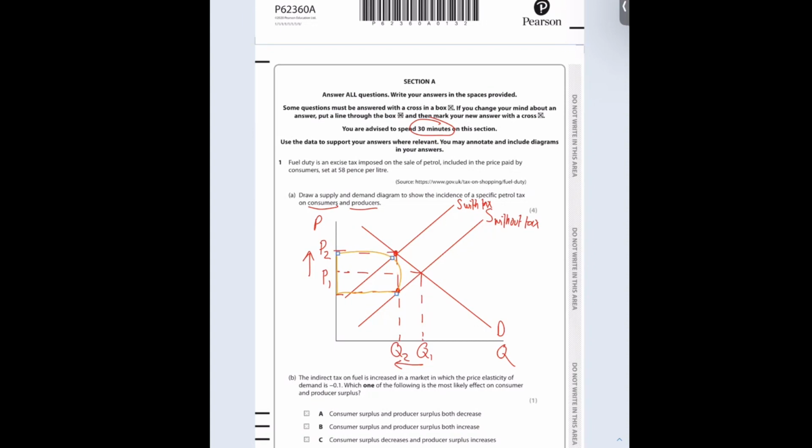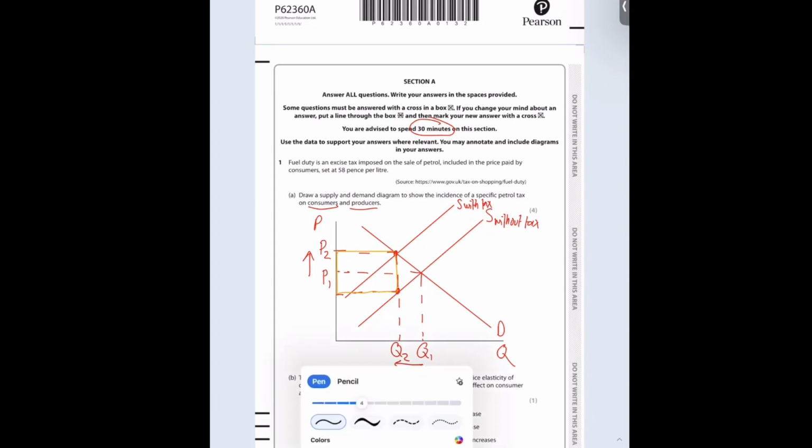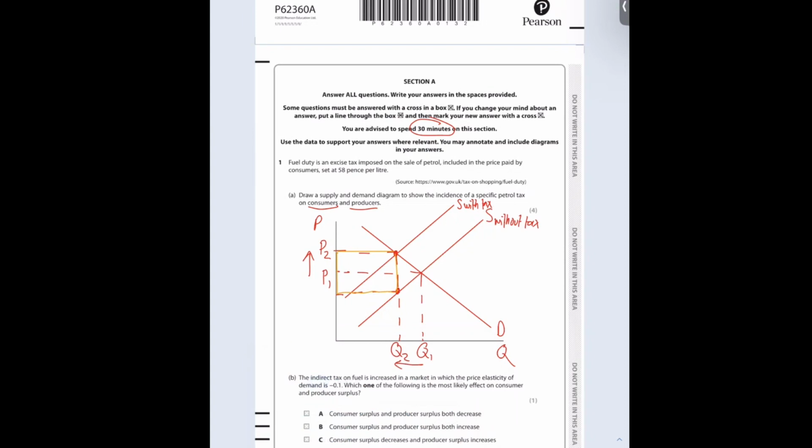I don't like that, so we're going to go back up like so. There we go. So let me just change the color again. This is going to represent our producer incidence.